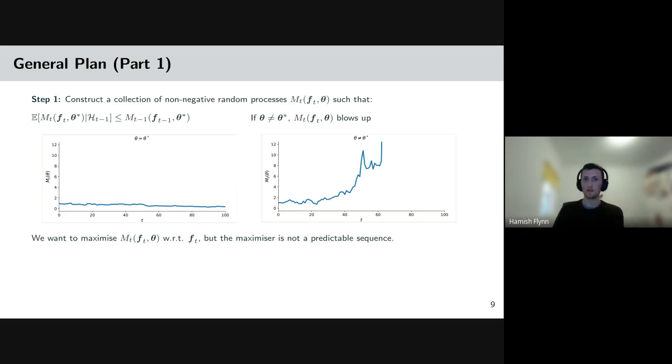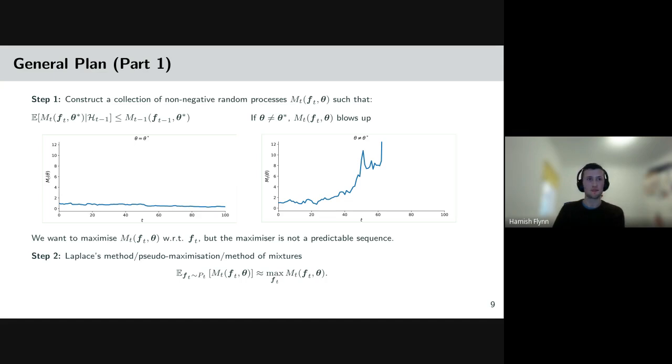Now, in order to reject thetas that aren't theta star as quickly as possible, we should choose ft to be the sequence of predictions that maximizes mt. However, as we'll see later on, the vector ft that maximizes mt is not a predictable sequence. So what can we do about this? Well, due to the particular choice of mt that we will make later on, Laplace's approximation suggests that we can approximately maximize mt with respect to ft by integration with a probability distribution.